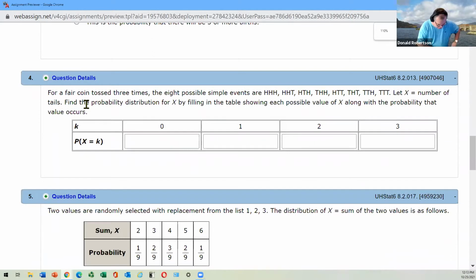Right, now we're going to look at questions where we have to build a distribution. In question 4, what we're going to be doing is throwing a fair coin. A fair coin is tossed 3 times.